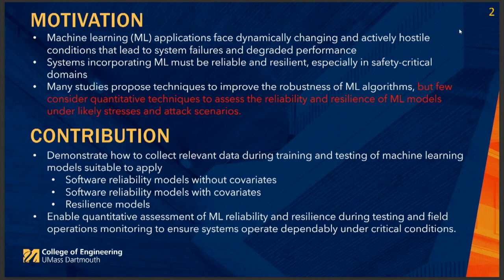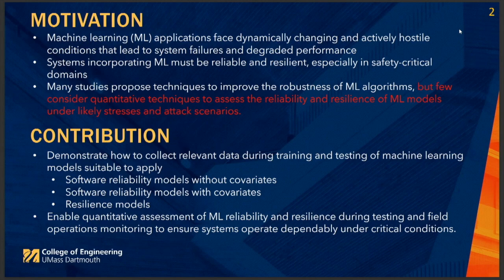So many studies propose techniques to improve the robustness of machine learning algorithms, but very few consider quantitative techniques to assess the reliability and resilience of these models under likely stress and attack scenarios. So that's where this work comes forward.